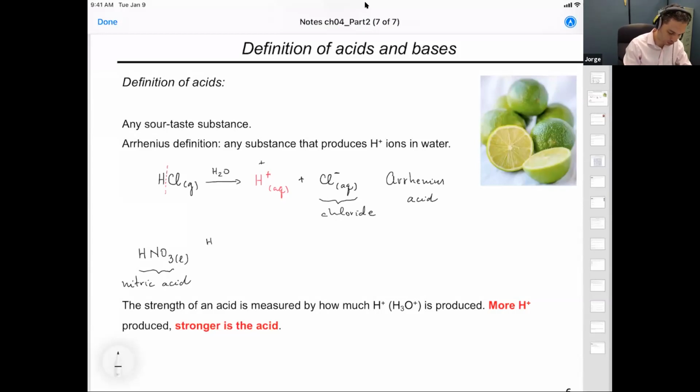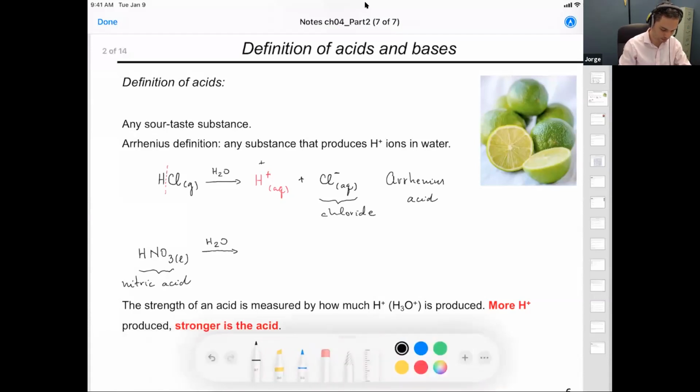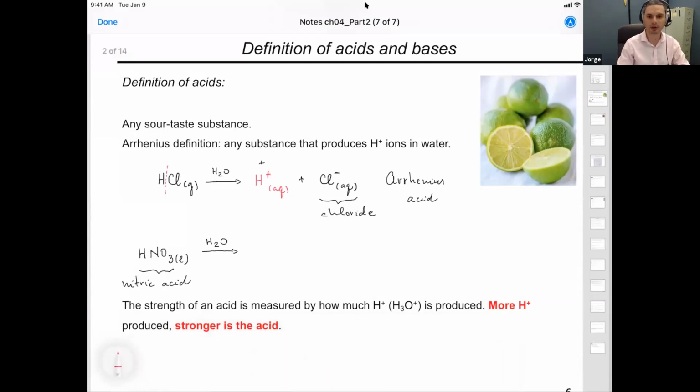I'm going to represent that by putting water over the arrow. And let's use the Arrhenius definition. Every time we dissolve an acid in water, we are going to break the bond between hydrogen and whatever is left here and produce H+ ions in water.